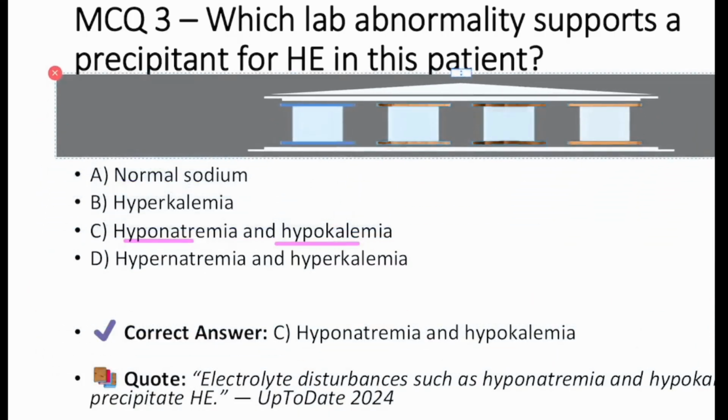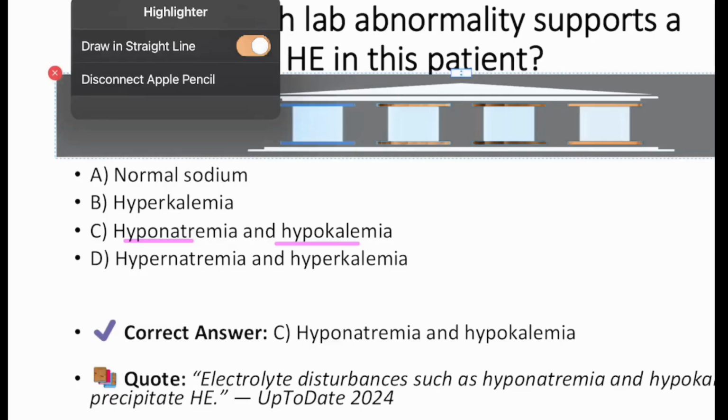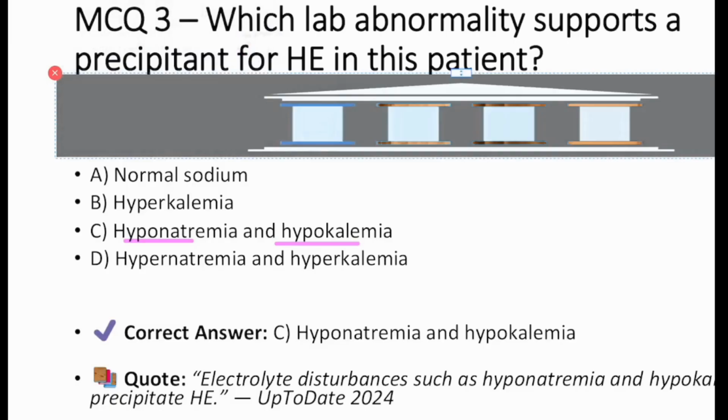Electrolyte imbalances such as hyponatremia and hypokalemia are important precipitating factors. So look for hyponatremia and hypokalemia whenever a patient has got alteration in mental status in a cirrhotic patient.